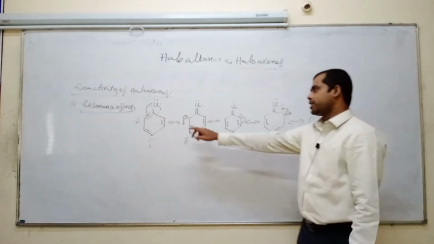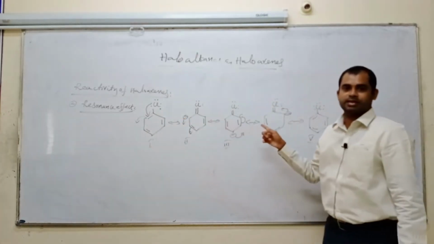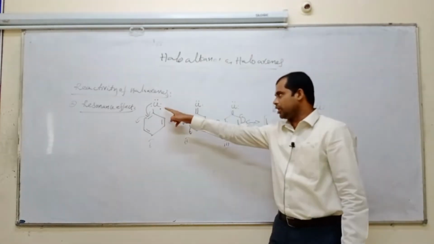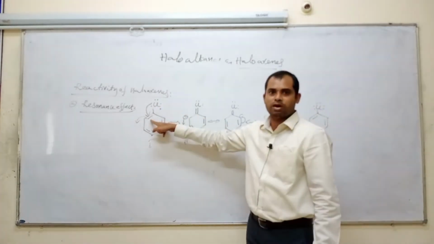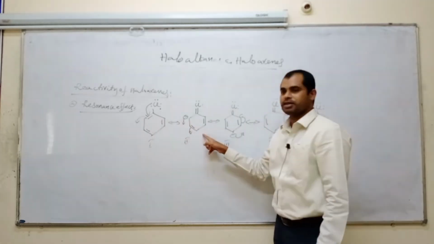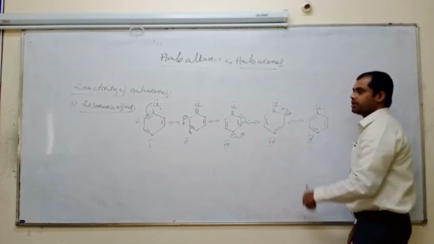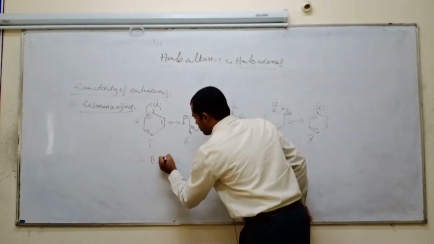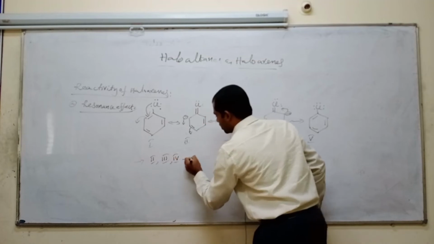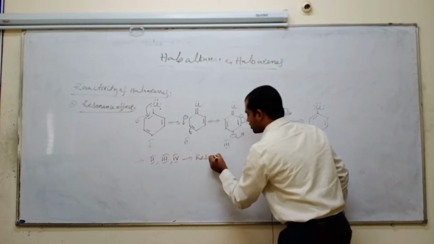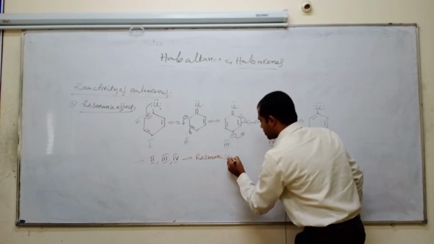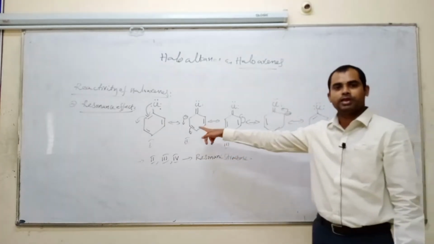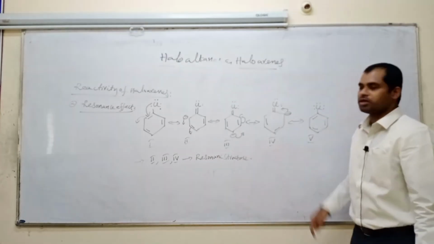Haloarenes undergo resonance, and these are called resonance structures. The halogen's lone pair of electrons conjugates with the pi bonds, so resonance takes place. Because of resonance, structures 2, 3 and 4 are resonance structures.